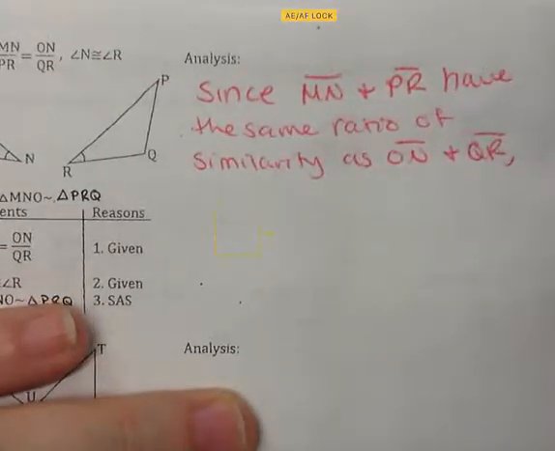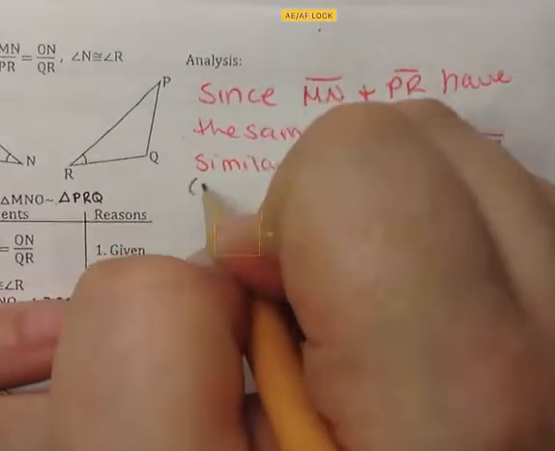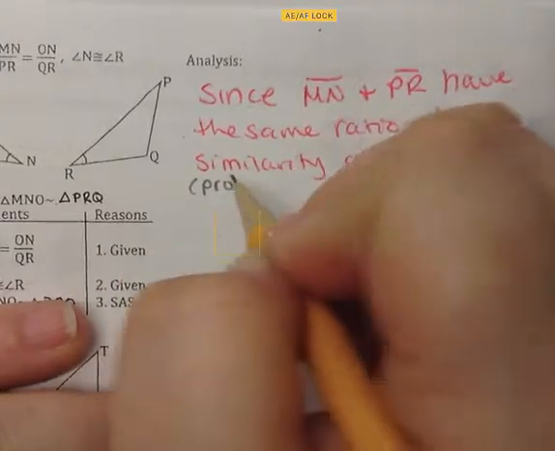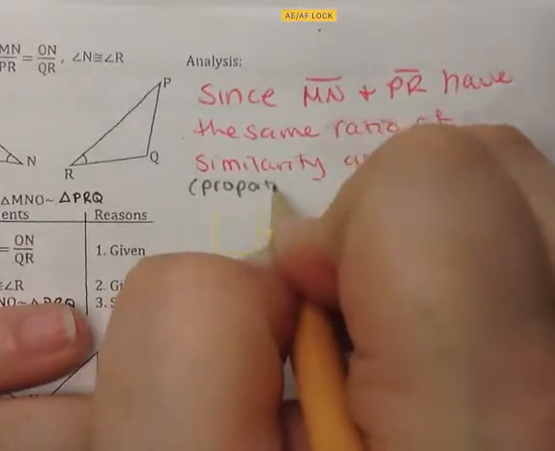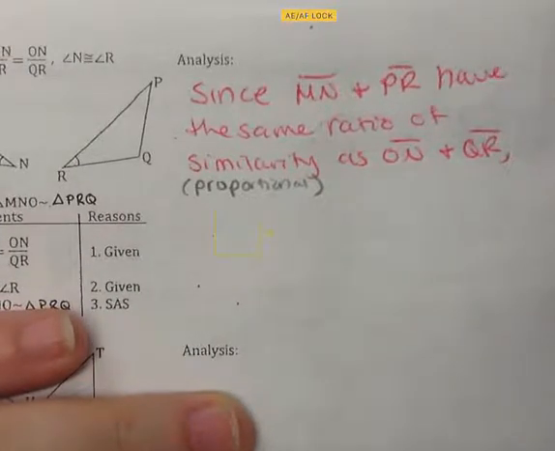So when it says ratio of similarity, it's the same thing as ratio of proportionality. It means that the fractions are proportional, sides are proportional.